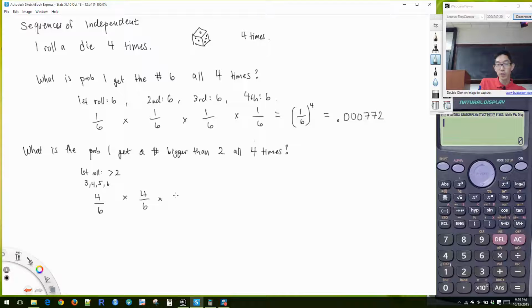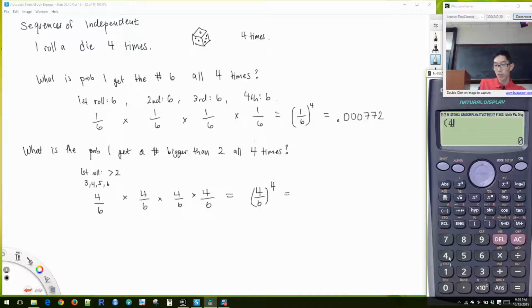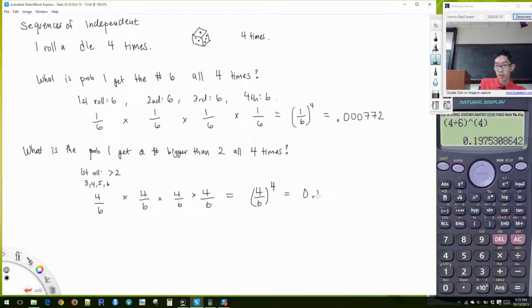So it's going to be 4 out of 6 times 4 out of 6 times 4 out of 6, or 4 out of 6 raised to the 4th power. And I get 0.1975. Is that looking good?